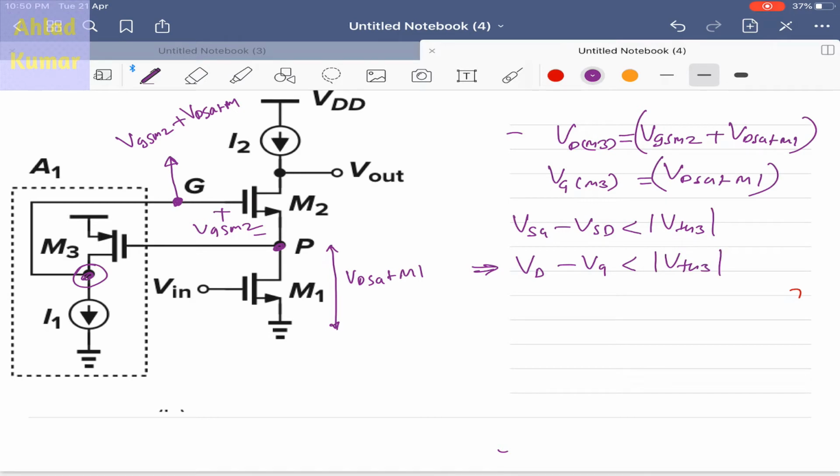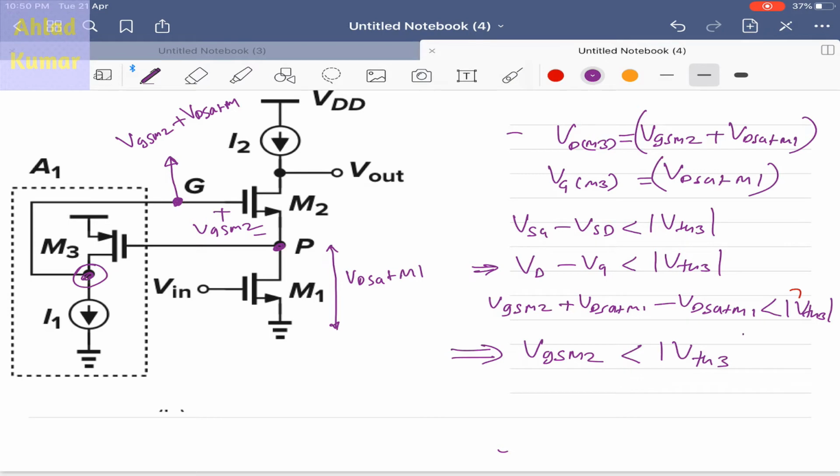And what is the value of VD? The value of VD is VGS of M2 plus VD sat of M1. And then what is the value of VG? It is minus VD sat of M1 and less than mod of VTH3. From here what we conclude is that the VGS of the MOSFET M2 has to be less than mod VTH3.